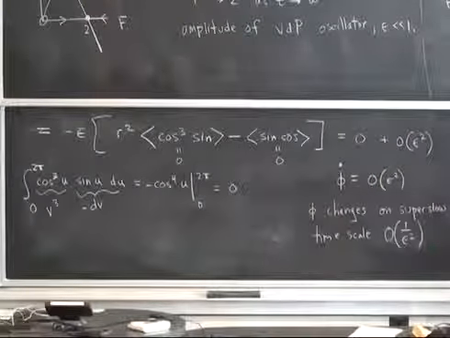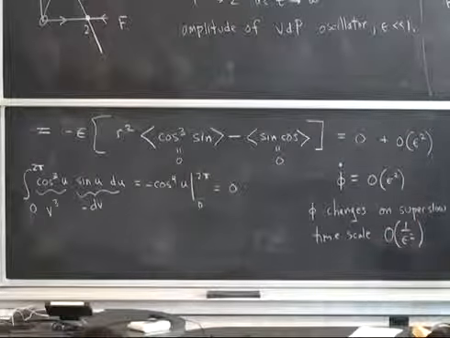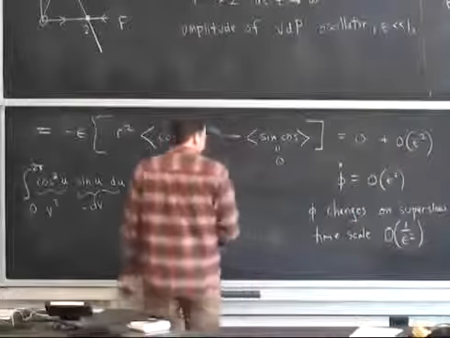So you could think of that as saying that the period of the van der Pol oscillator is essentially 2 pi with a very tiny correction.